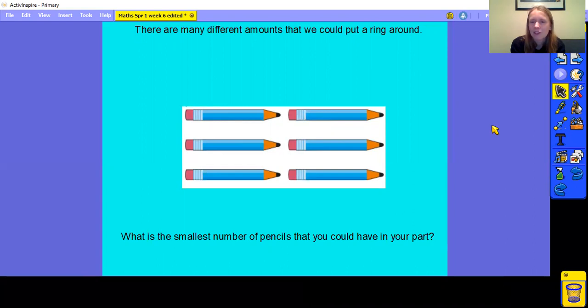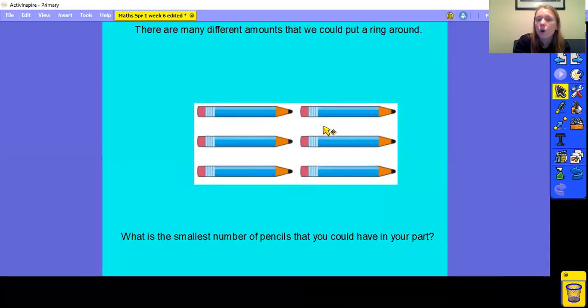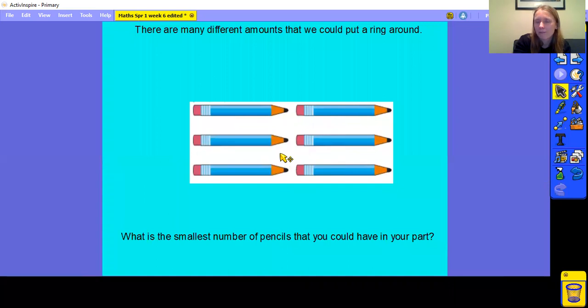Okay, so we looked a little bit at this before. We saw that there were many different ways that we could put a ring around a part. We saw that we could do it with 1 pencil, with 2 pencils, with 3 pencils, with 4 pencils, or with 5 pencils.